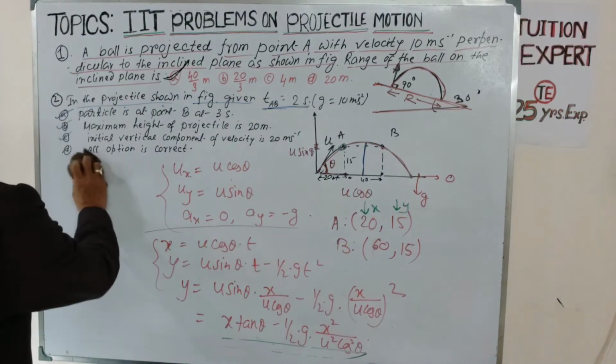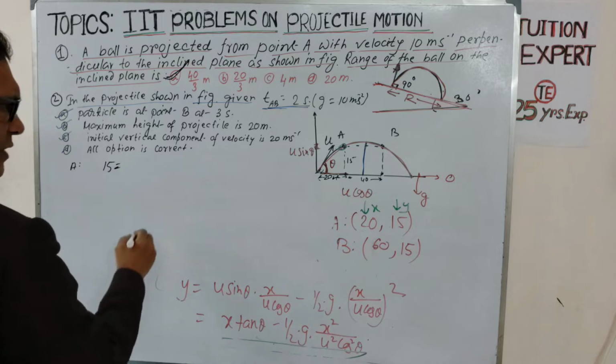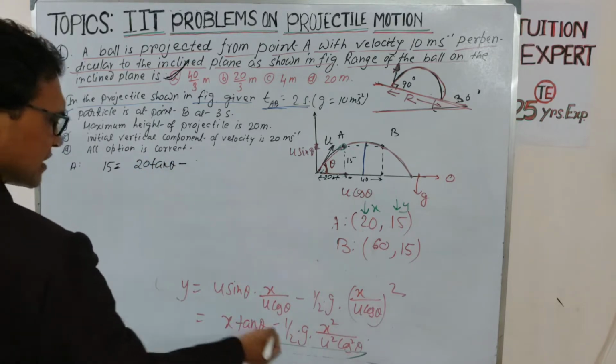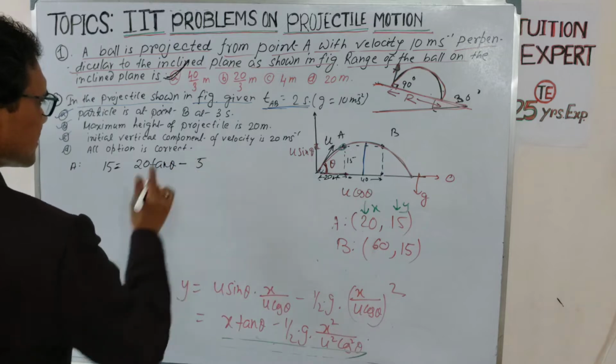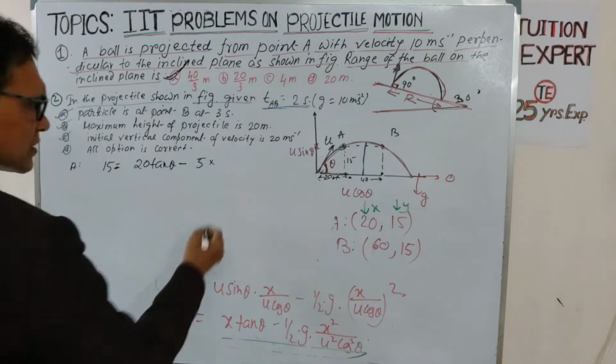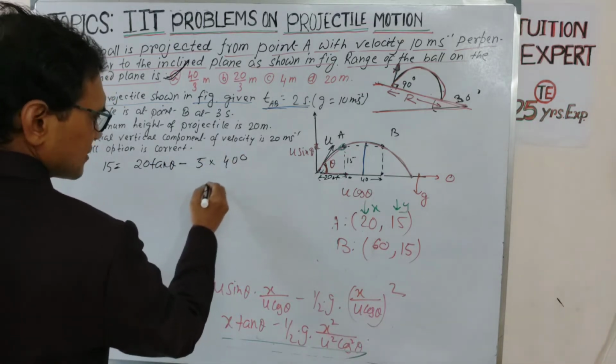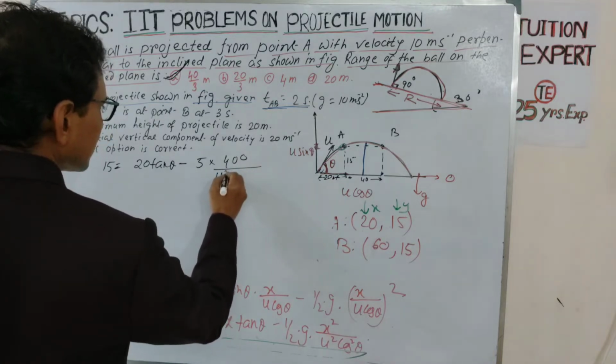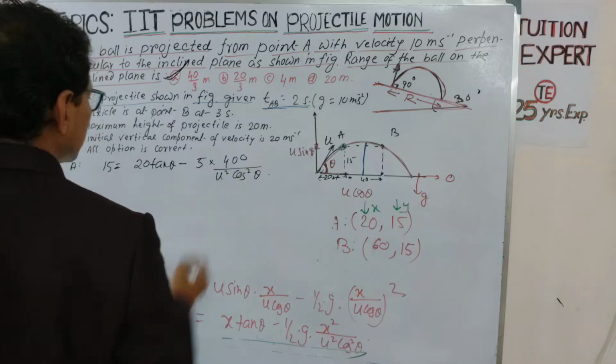Now put y equal to 15, x means 20, minus g by 2, that is 5, x square means 400 by u square cos square theta.